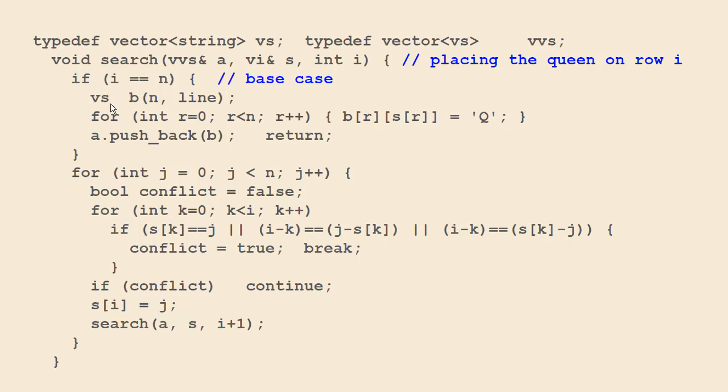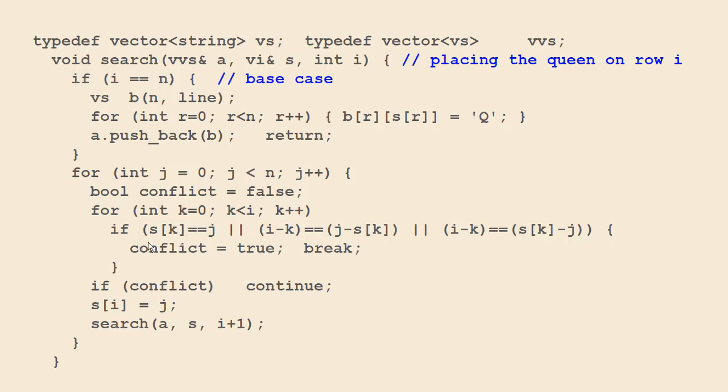So we create a vector of strings to represent the board, go through the positions where we have a queen, and put Q there. And I think this line is just representing an empty row.